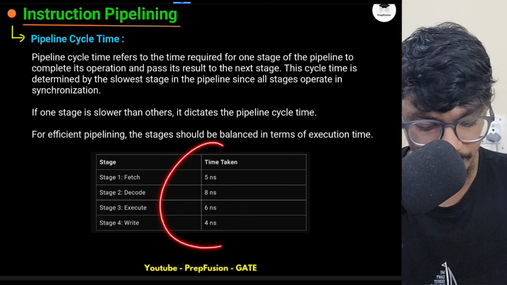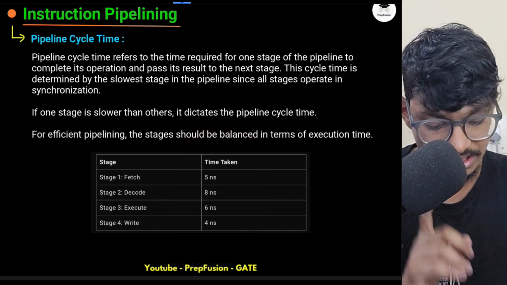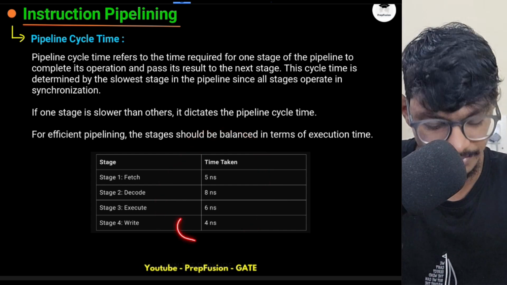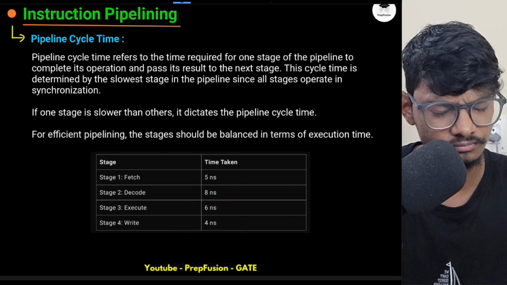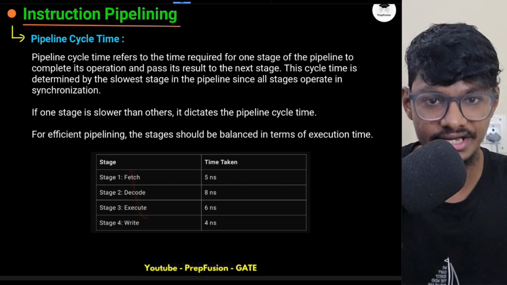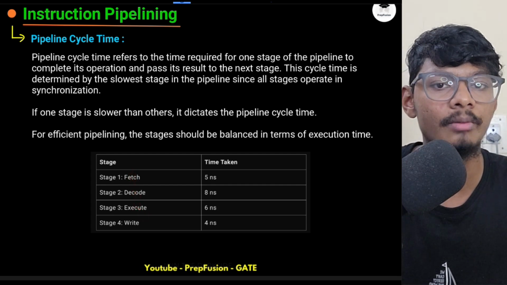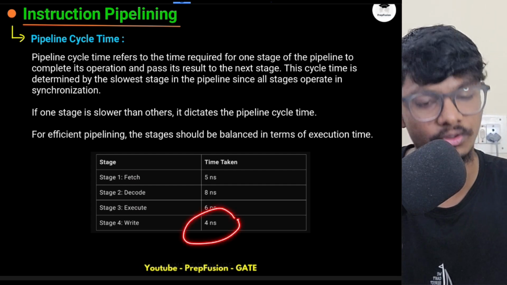Now, can you tell me what the pipeline cycle time will be here? Many students may think I will choose 4 nanoseconds, because it is taking the least amount of time. But if I choose 4 nanoseconds, the other stages, stage 1 to 3, will not be able to complete their task within 4 nanoseconds.